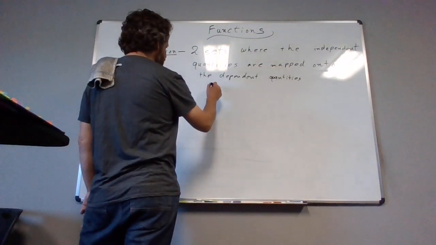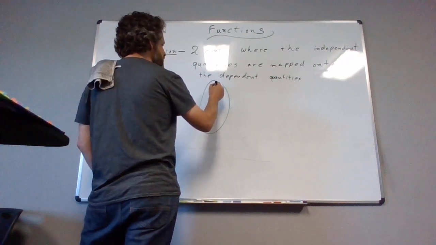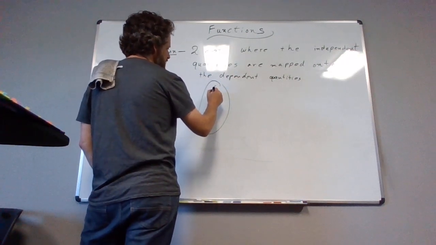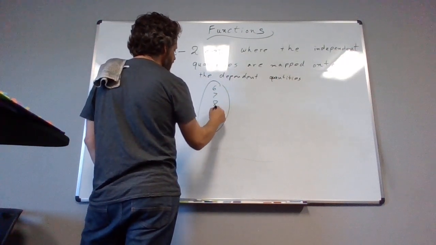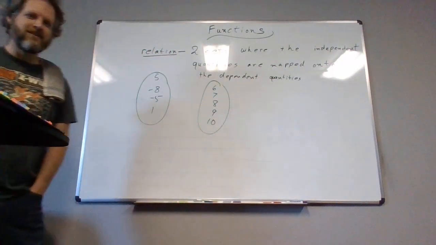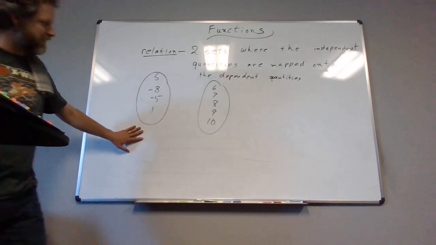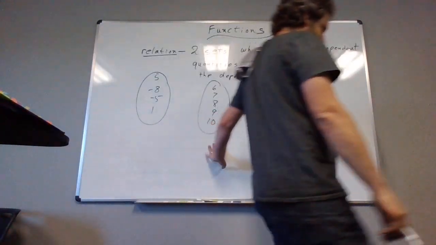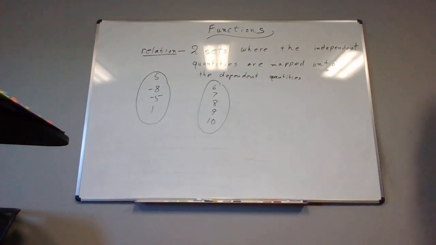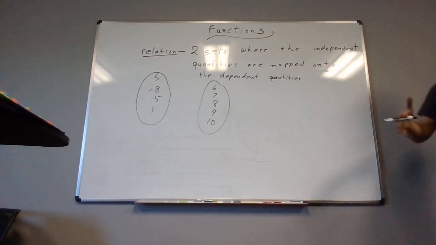And then over here, we're going to have another set of numbers, and let's do this one as 6, 7, 8, 9, 10. So this is a set of numbers. This is another set of numbers. A set in math is just a list of things, right? It's just a list of stuff.